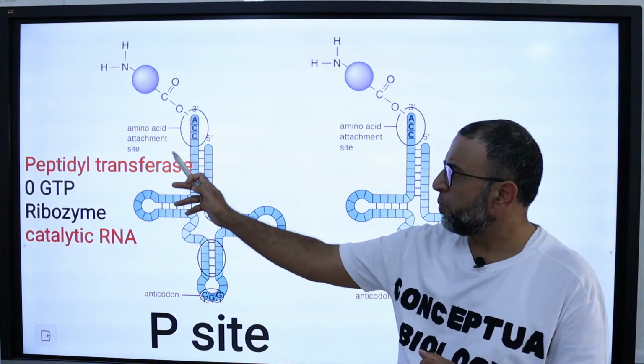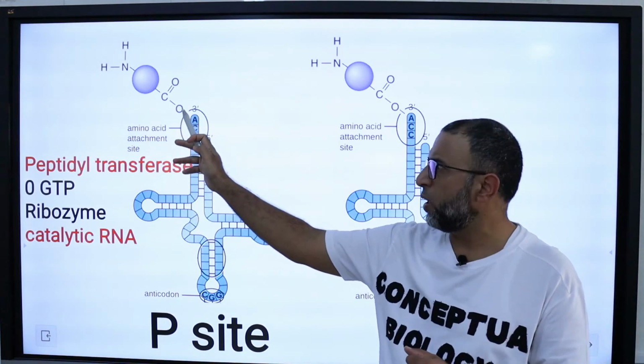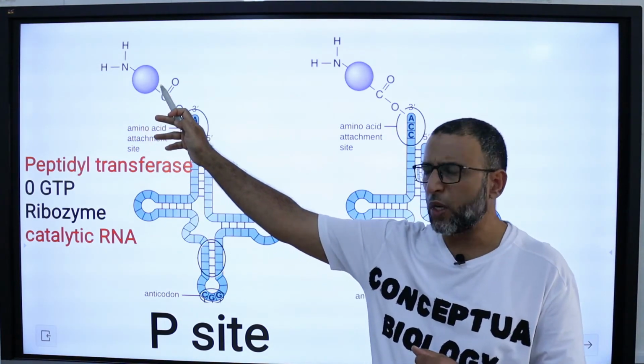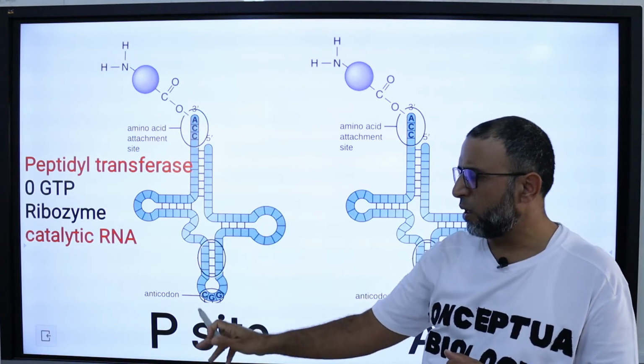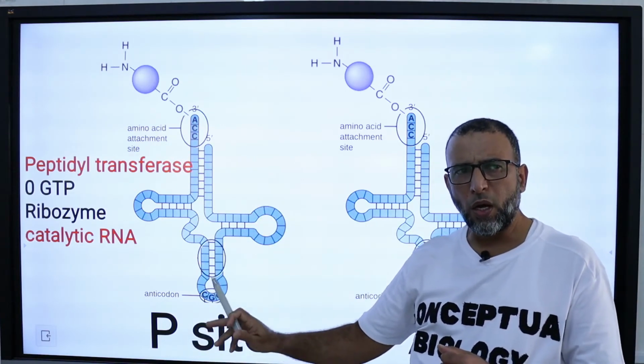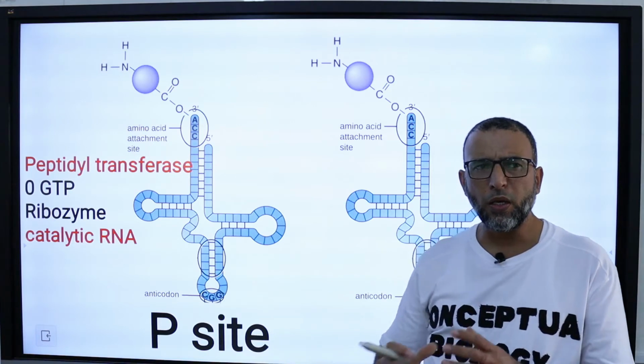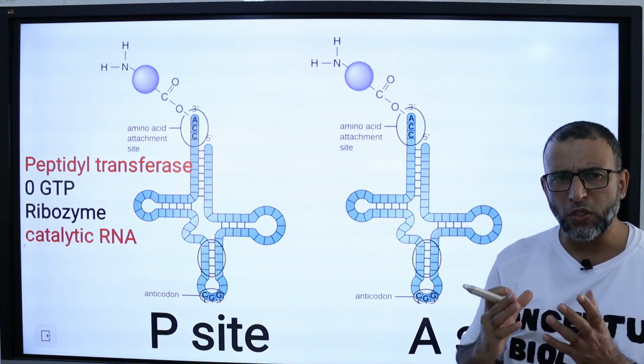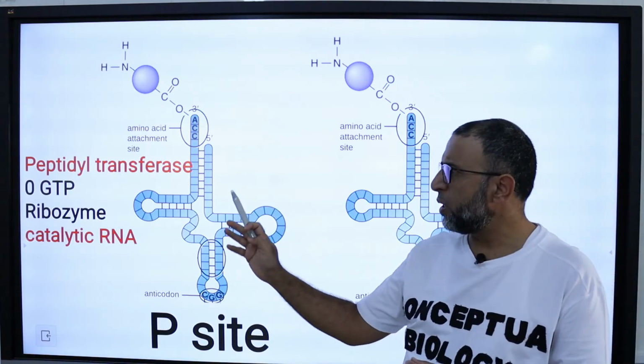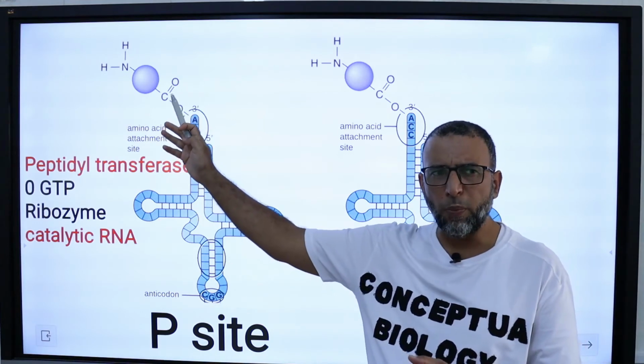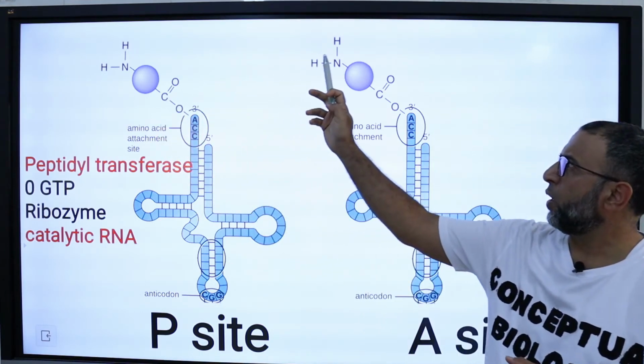So, this enzyme breaks the bond between the growing polypeptide chain and the tRNA at the P site, and now this tRNA is empty, no longer charged.